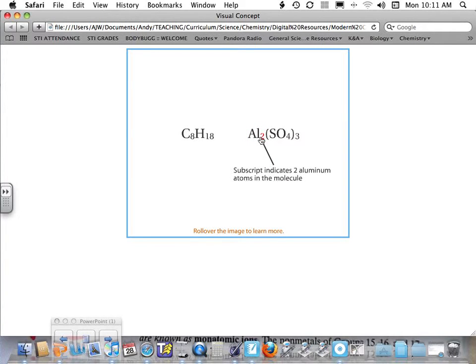The 2 represents that there are 2 aluminum atoms in the molecule. Sulfur, that's the S. Oxygen, that's the O. 4 oxygens in this molecule. And the parentheses say that SO4 is actually one ion, a polyatomic ion. And in this molecule there are 3 SO4s, or 3 sulfate ions. Okay, so that's what that means.